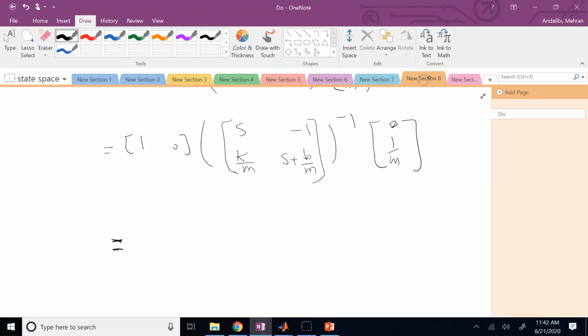So now if I go back here, this matrix has a determinant, which is S times that minus negative 1 times that. And then you swap. So if I proceed, 1 and 0. This is going to be a 2 by 2 matrix divided by determinant.